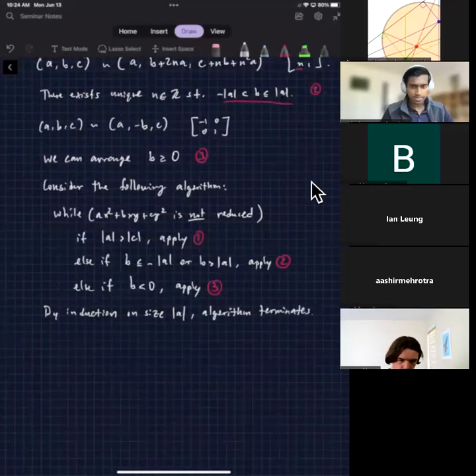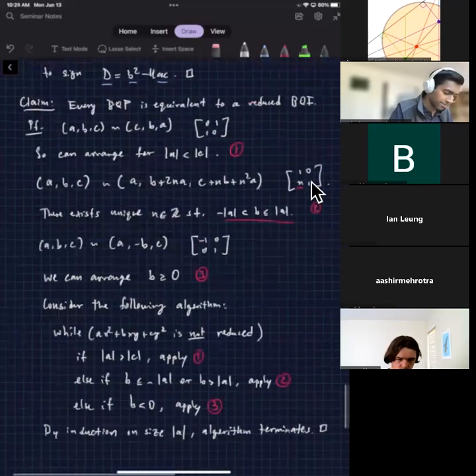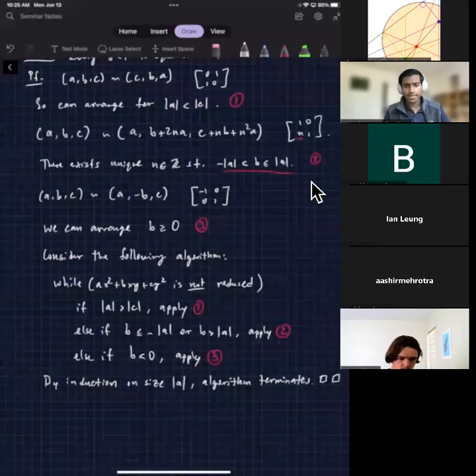So ax squared plus bxy plus cy squared will eventually be reduced after finitely many iterations of this algorithm. So that proves the claim that every BQF is equivalent to a reduced one. And then it follows that there are finitely many equivalence classes of BQFs of a given discriminant.